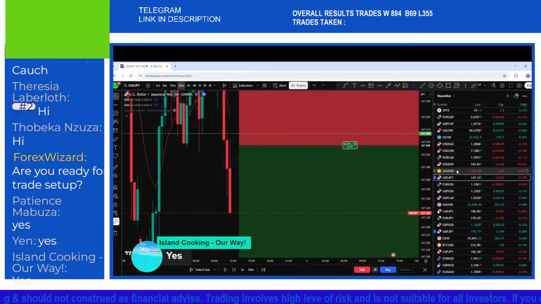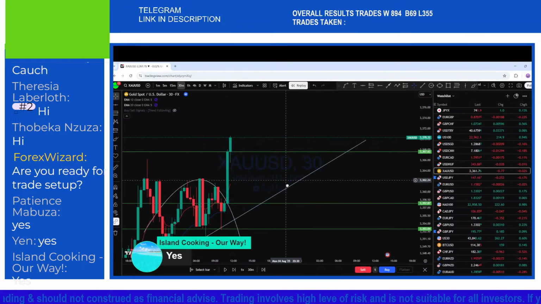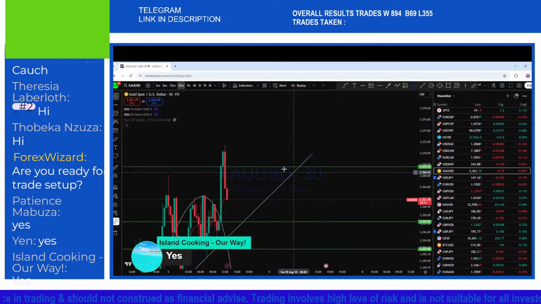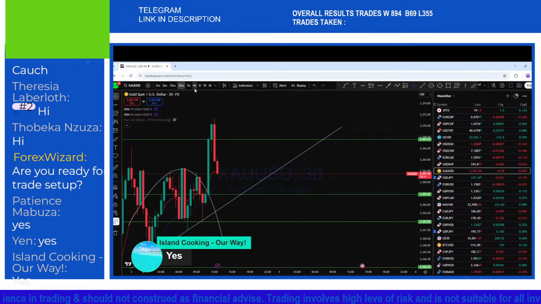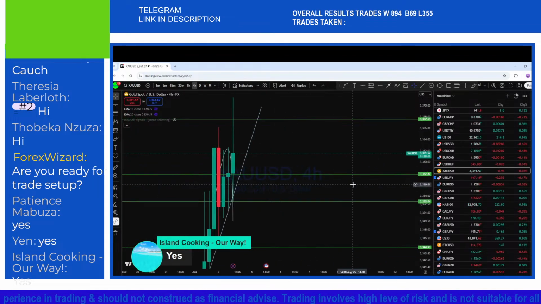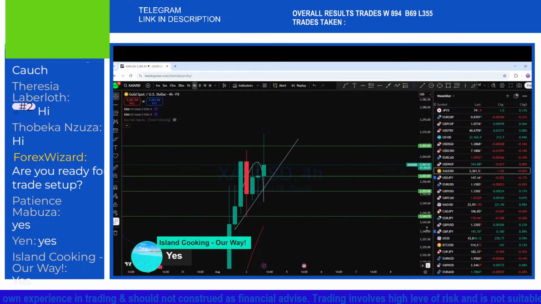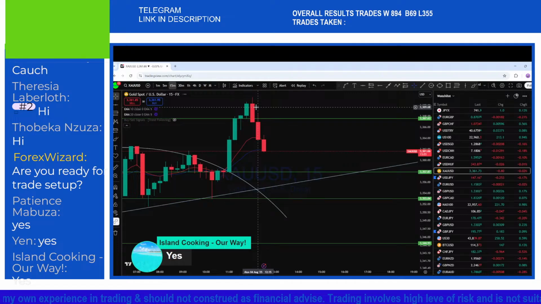Now, if we reflect it on gold, what do you see? Okay, gold started to drop as we discussed in the beginning. This is the 4-hour. We will also be going back to dollar yen. It's dropping. We see that there is an opportunity coming on gold as well.